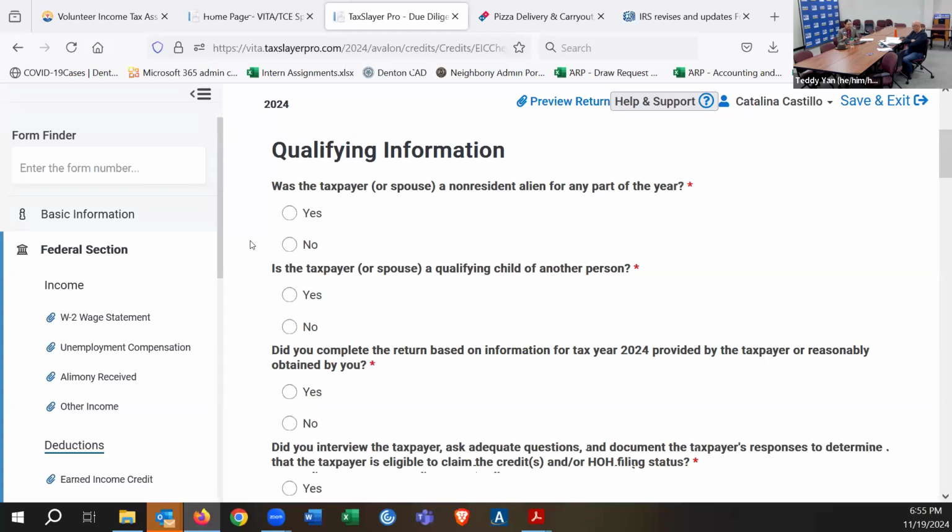If the taxpayer is not getting EIC and you think they should, then this checklist is a really good checklist to go through to make sure that you have configured everything properly and that you fully understand the taxpayer situation with regards to earned income credit.